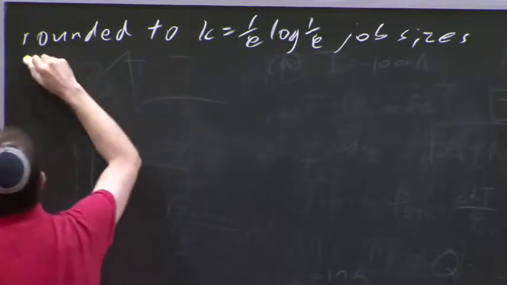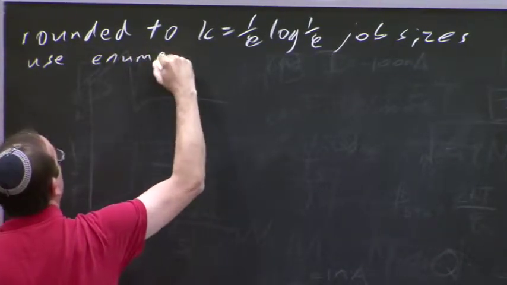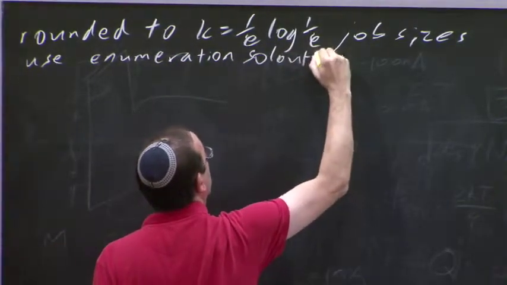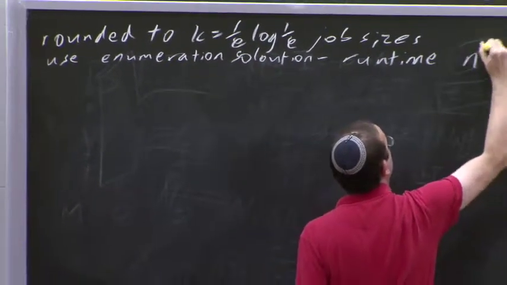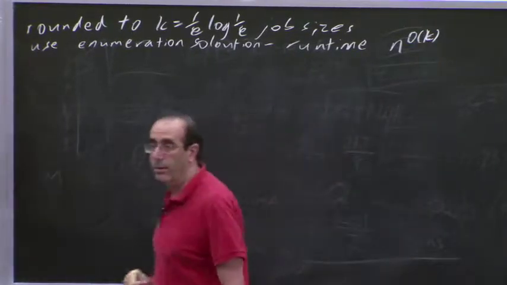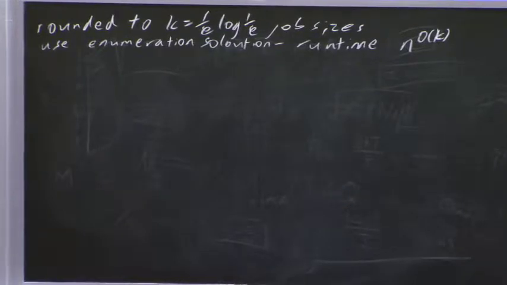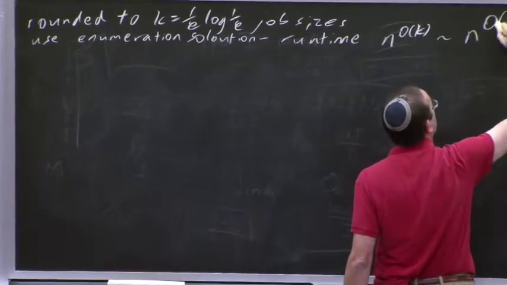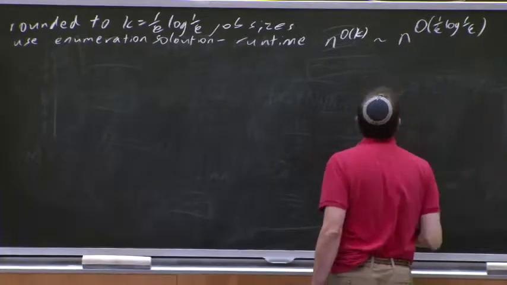So now we can use the enumeration solution, which has a running time of n to the order k. So we're done, right? K is a function of epsilon. So this is about n to the order 1 over epsilon log 1 over epsilon.